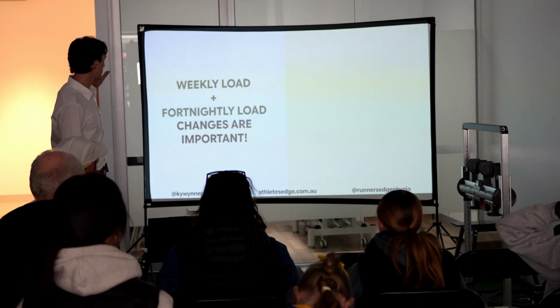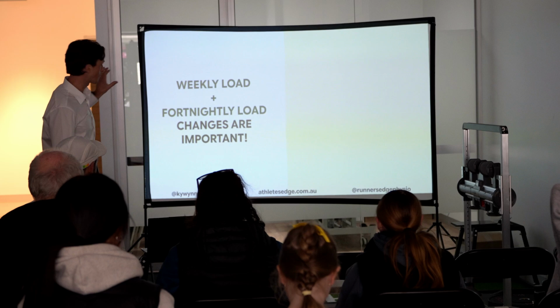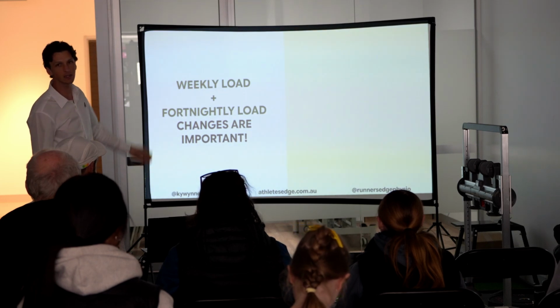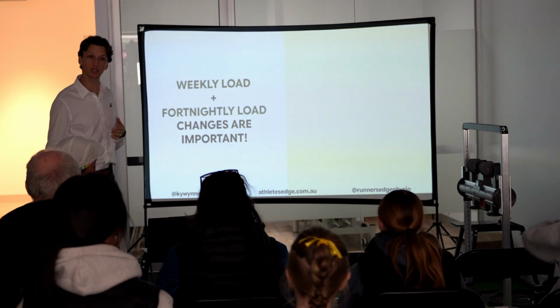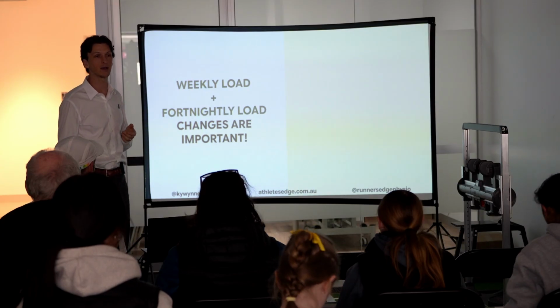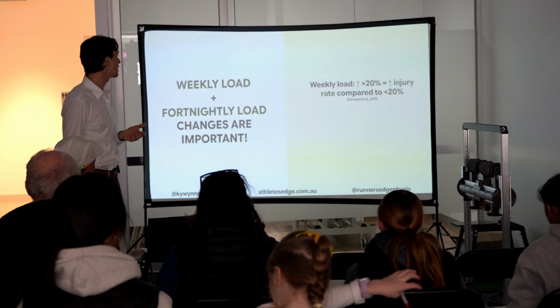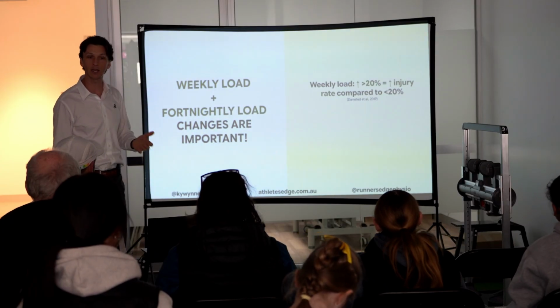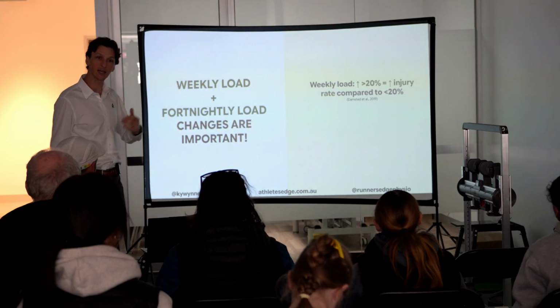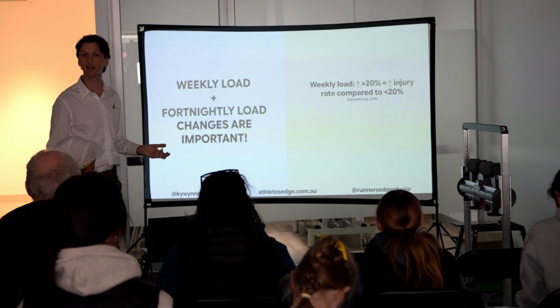The other thing to look at is how much are we doing per week and how much are we doing over a fortnight. Everyone's probably heard the 10% per week rule, and actually the evidence maybe doesn't support that strictly. What the evidence does show is that more than 20% increase per week compared to less than 20% shows a significant increase in injury risk.